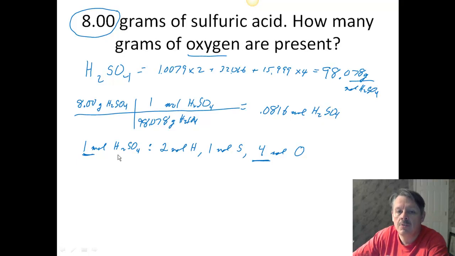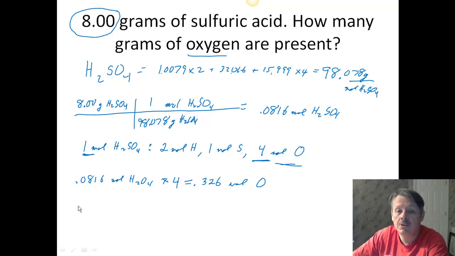So for every mole of H2SO4, I have 4 moles of oxygen. So if I take the 0.0816, which is the number of moles of H2SO4, and I multiply by 4 to get my moles of oxygen, then that will give me 0.326 moles of oxygen.